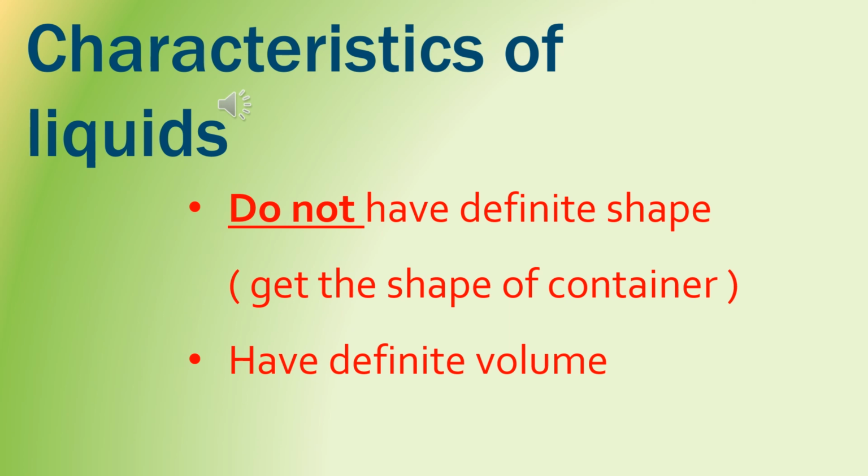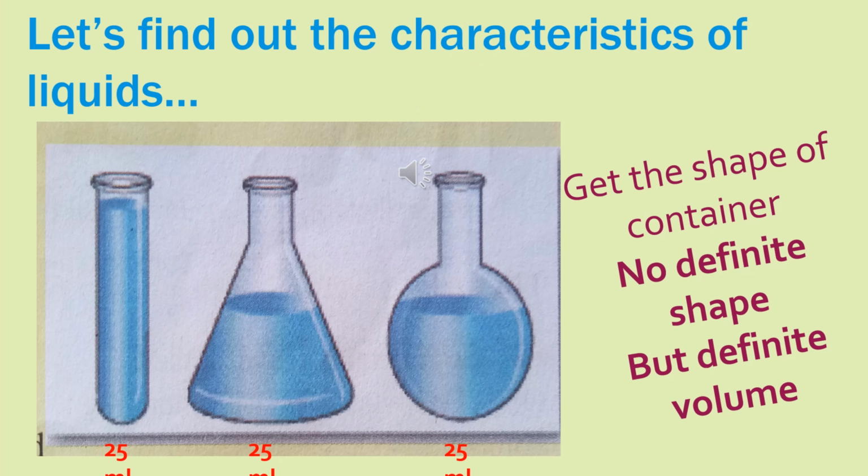Let's find it out practically. Let's find out the characteristics of liquid about its shape and volume. Here you will need, children, a measuring cylinder, colored water, and transparent containers of different shapes as in the picture.